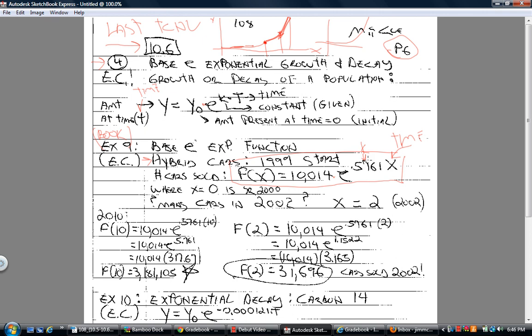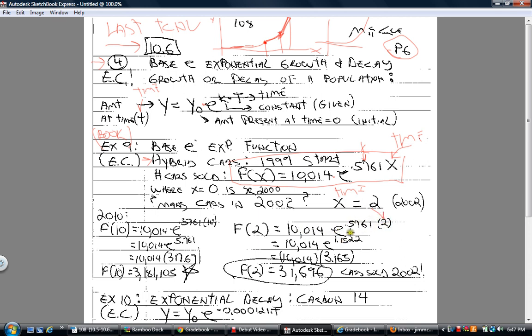Now these problems are pretty easy to do because when x equals 0, that's the year 2000, when they started this. The first question is how many cars were produced back in 2002? So you let x equal 2, again that's time, and you simply take the equation, put the 2 in, get your calculator, and you have a lot of grinding to do.